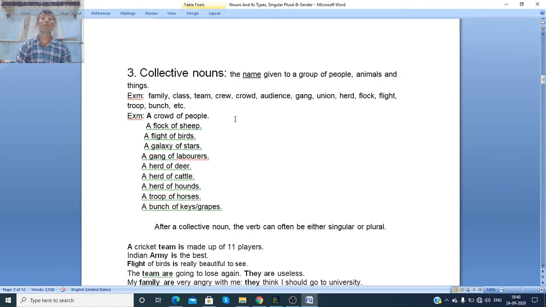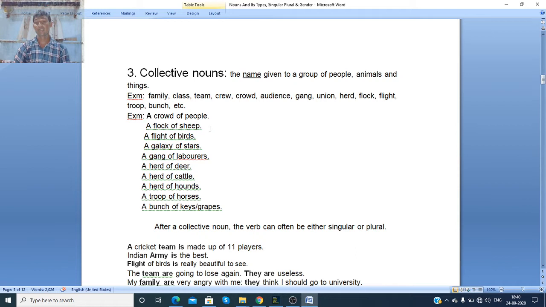And herd, the herd of buffalo, herd of cow, and so many animals that graze and move together as a pack is called herd. Flock, a flock of sheep, so many sheep that graze and move together is called flock.